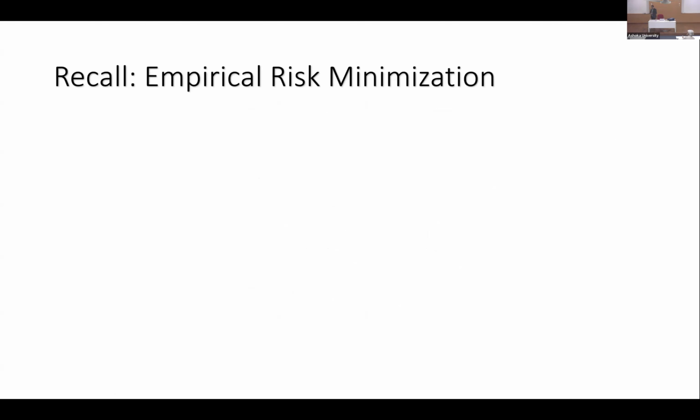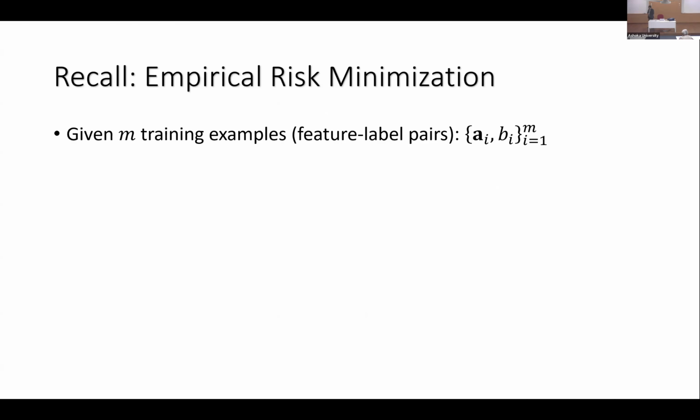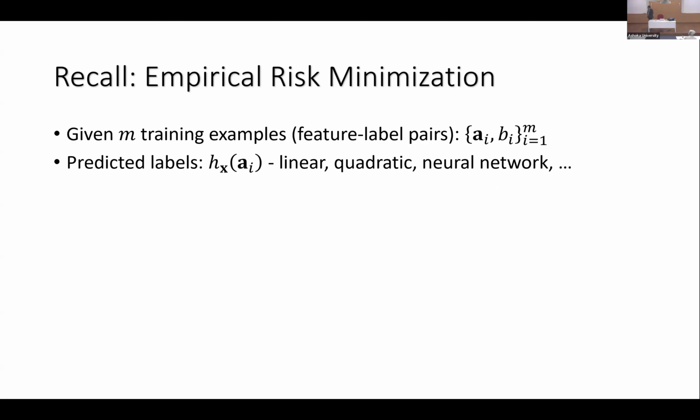So let us recall our setting, the standard machine learning setting, which is empirical risk minimization, where we are given several training pairs, right? Let's say a_i, b_i. I have put a_i in bold, assuming that a_i can be some vector or some structure other than a scalar, and b_i can be a label, which is usually a scalar.